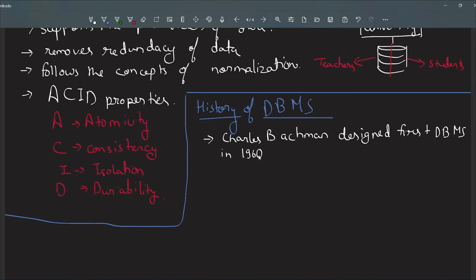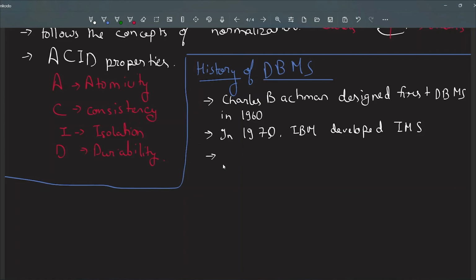After that, in 1970, IBM developed IMS, the information management system, which is based on the hierarchical database model. In the 1980s, the relational model became a widely accepted database model.